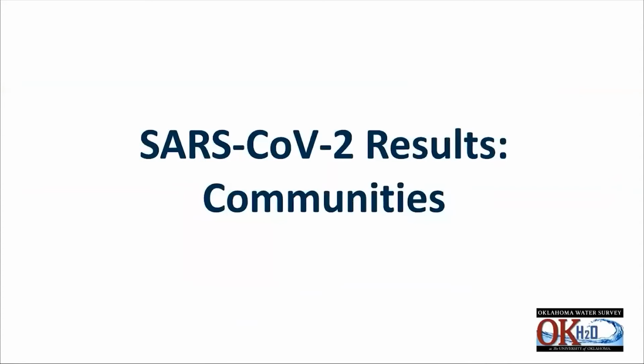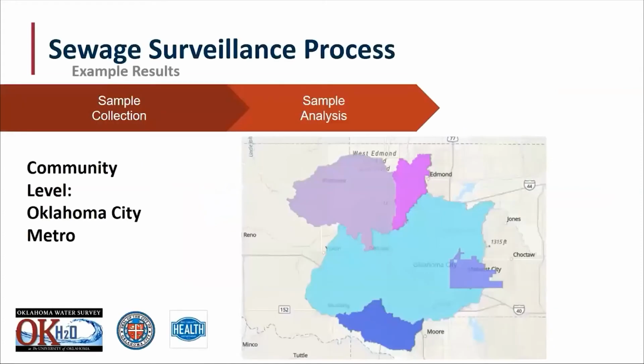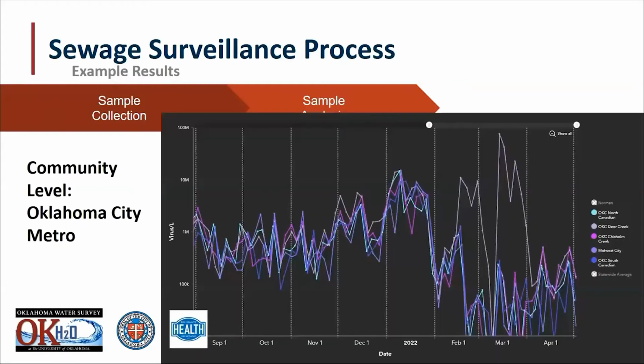So here's just some examples of some of our results that we've seen over time. First off, at the largest scale with our communities. So here's the Oklahoma City Metro, where we're sampling 5 different wastewater treatment plants that represent most of the population of over 500,000 in Oklahoma City.